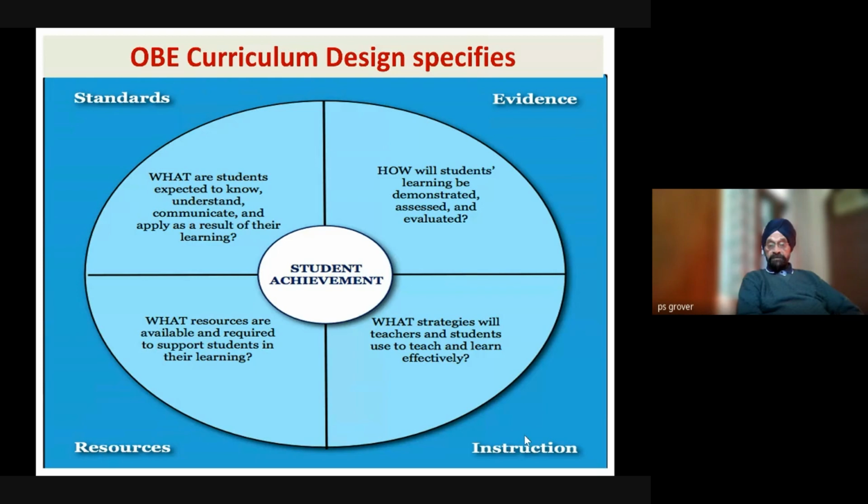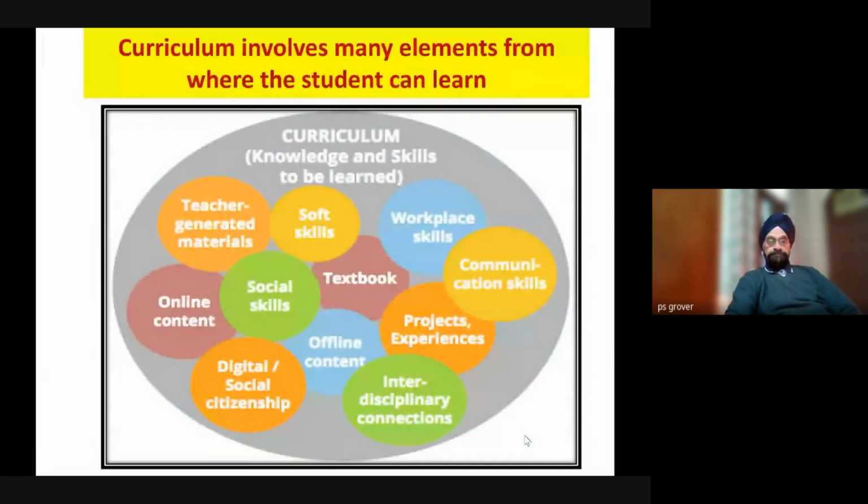What resources are available and required to support students in their learning, which means the facilities the institution is offering, maybe laboratories, playgrounds, teaching and learning material, faculty, and so on. And what strategies will teacher and student use to teach and learn effectively? This is all a part of the curriculum that we design, that we prepare.